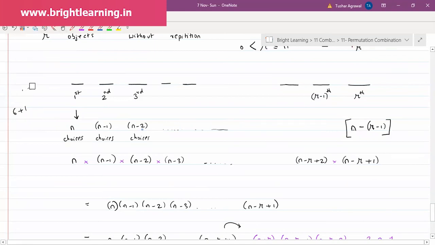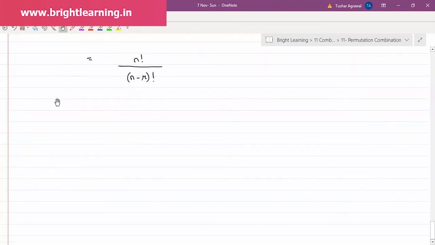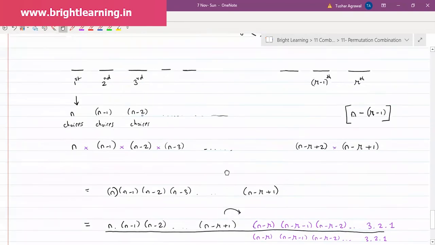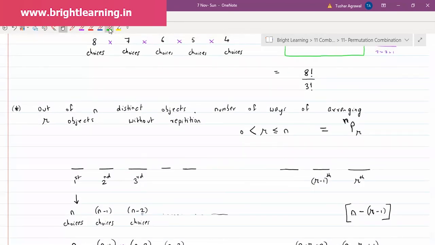Yes, it perfectly makes sense. r can be equal to 0 also. What if r is equal to 0?